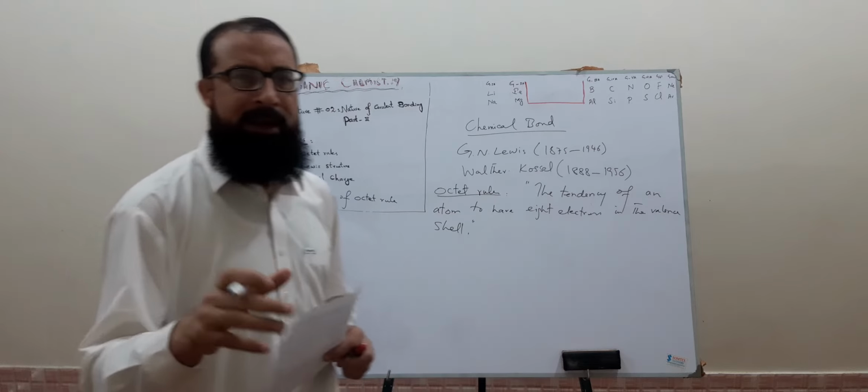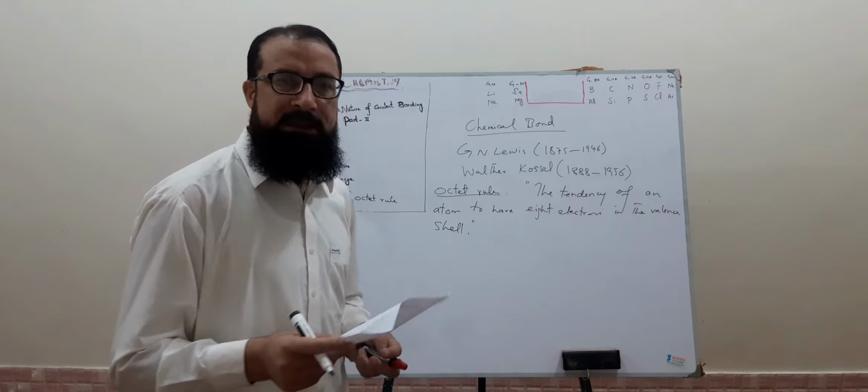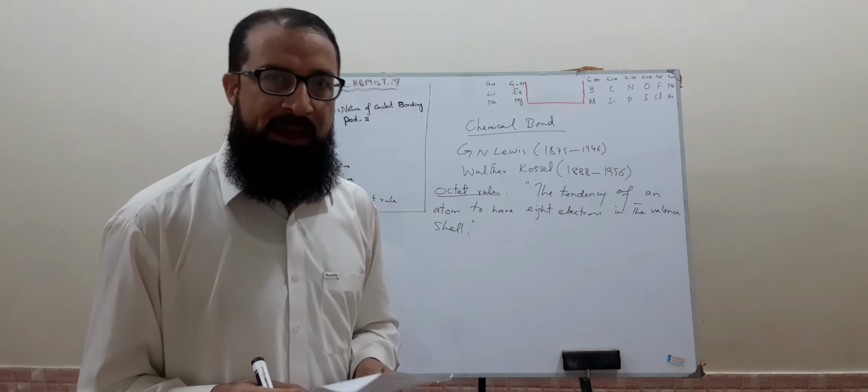So when an atom has eight electrons in its valence shell, we say that this atom obeys the octet rule.